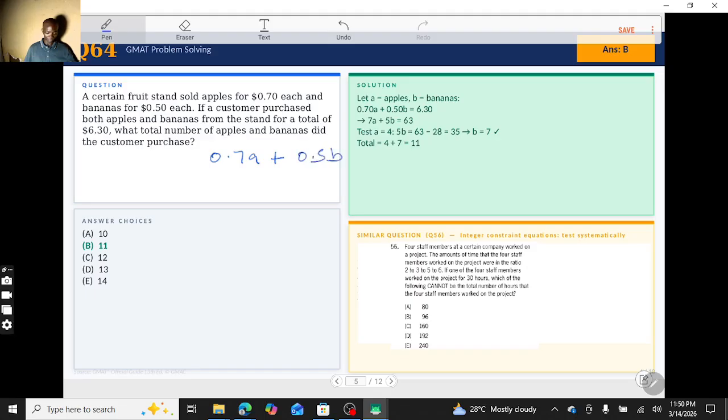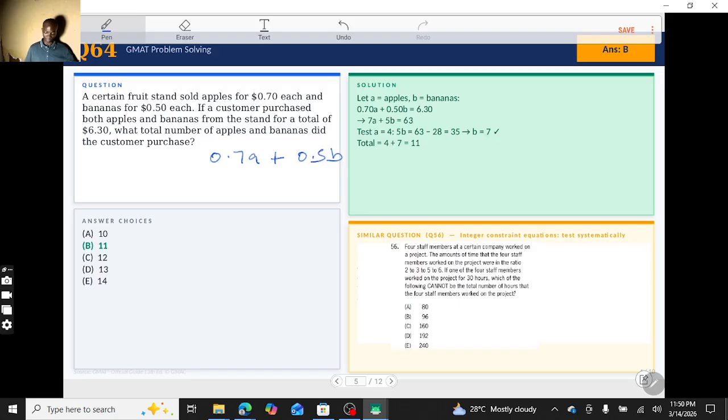So you kind of start taking the values. If you check right now, when a is 4, 4 times 0.7 is 2.8, and when a is 4, the remaining is 7.